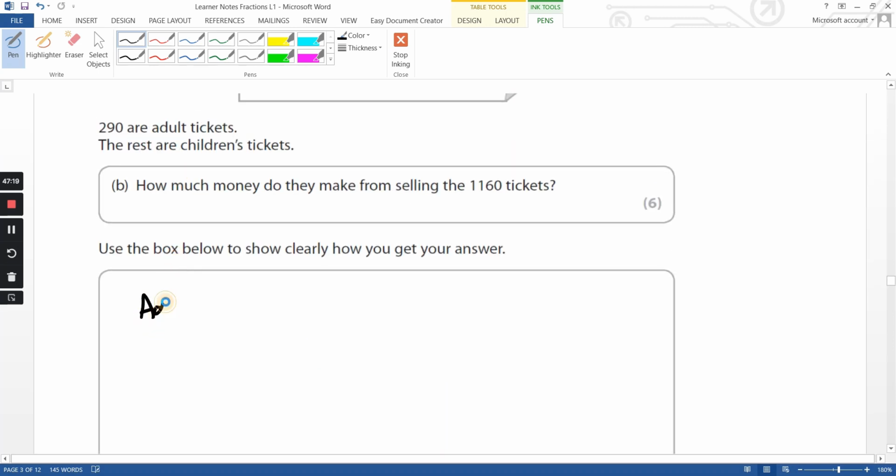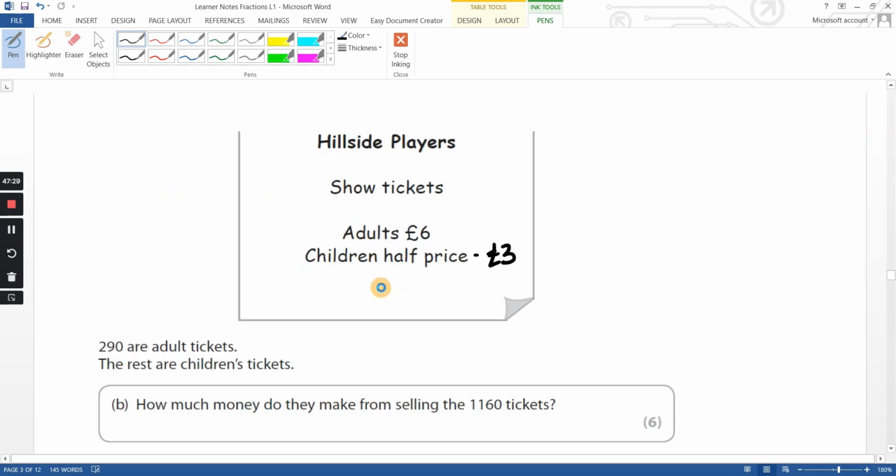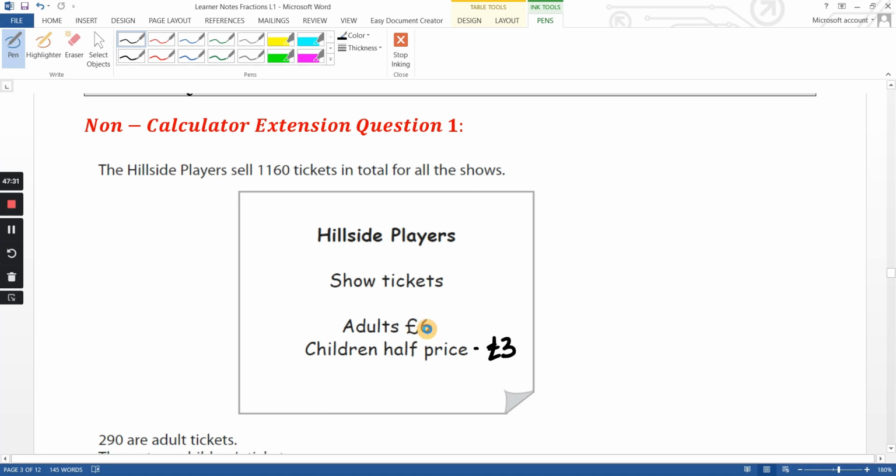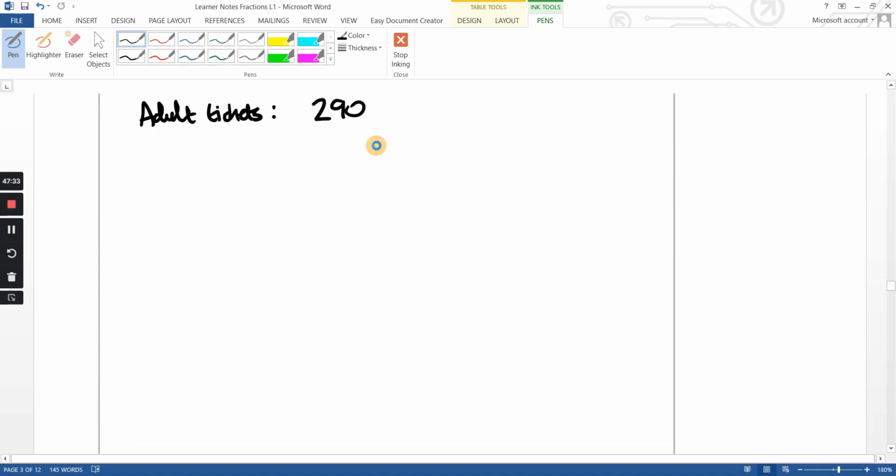So adult tickets, let's make a heading. I've got 290 adult tickets. How much were they? £6 each. So it's 290 times 6. Let's do that first. So I've got 0. 9 6s are 54.